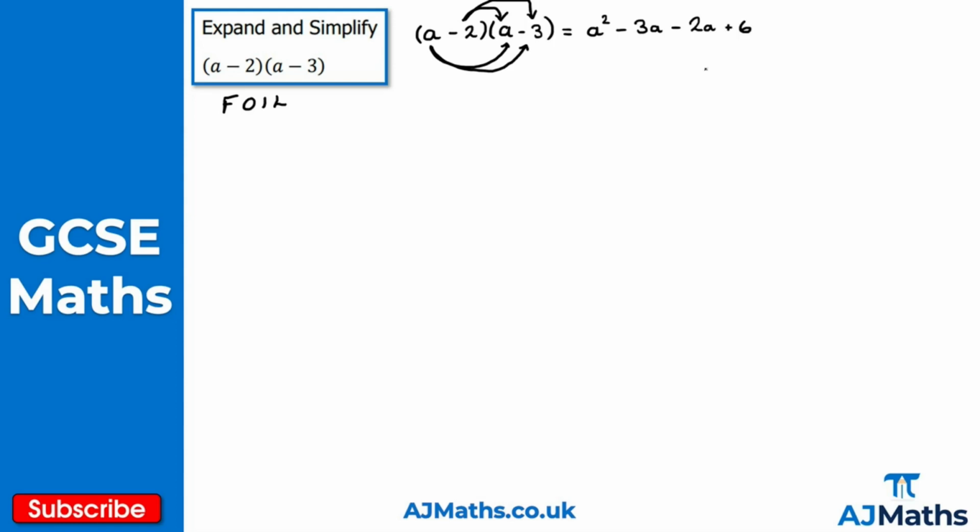So now we've expanded, but what we also need to do here is simplify. So collecting like terms, we're going to get a squared, -3a, -2a. So again, just be very careful with the signs here. I'm going to get -5a. And then finally, we've got +6 here, which we can't do anything with. There we have it. So that's the solution to question 2.